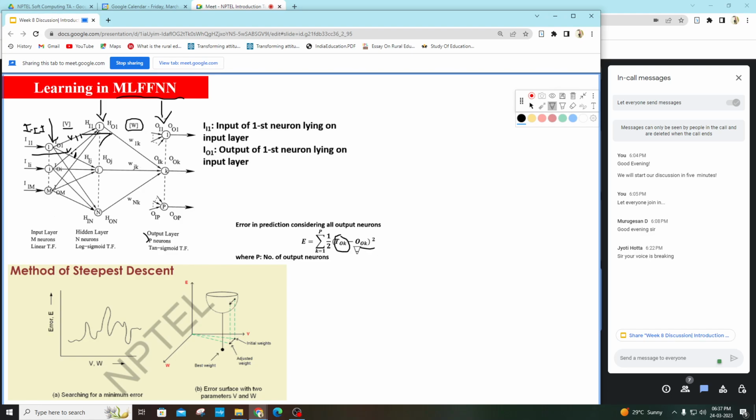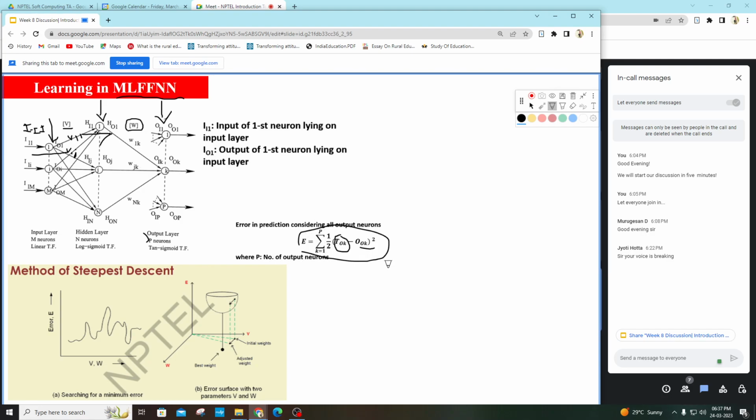So this is a squared error, that is when you subtract the output from the target, target minus output whole square. This is known as mean squared error, summation of k equals 1 to p.